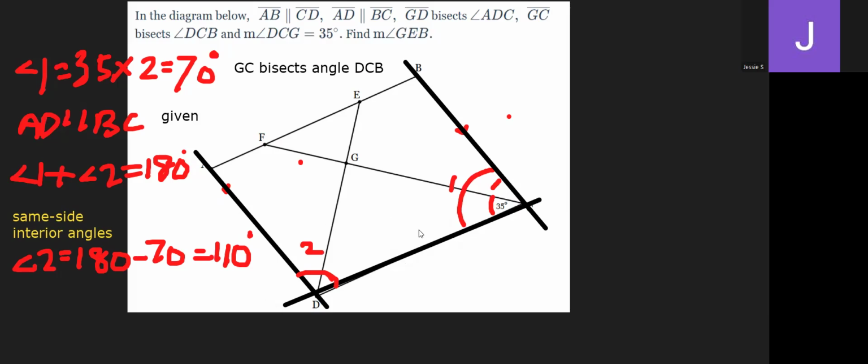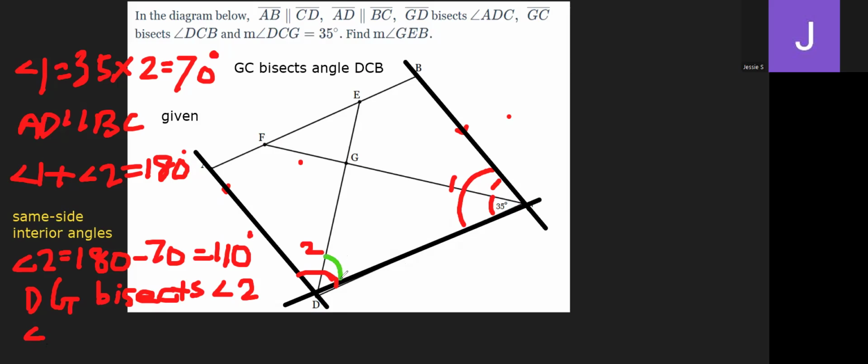Because we're given that DG bisects angle DCB, that's angle 2, I'll put angle 2 there so it's easier to understand. I name this smaller angle as angle 3.